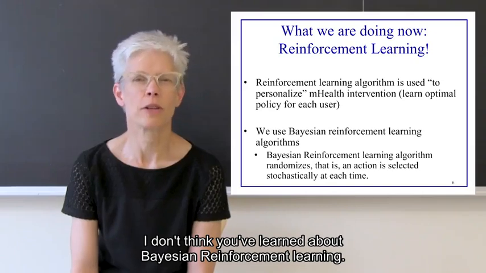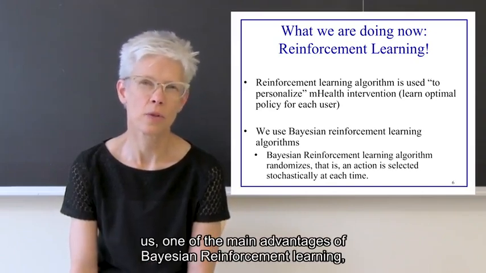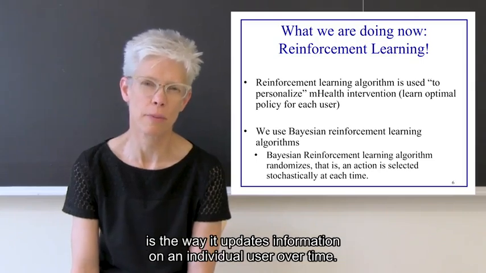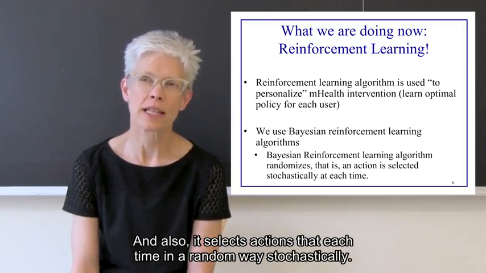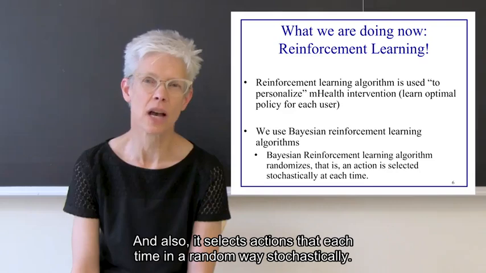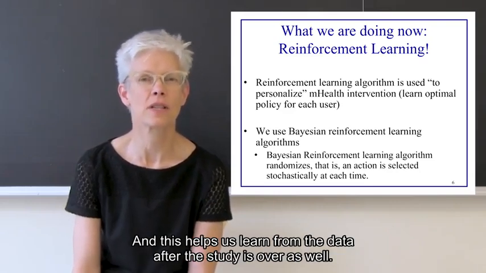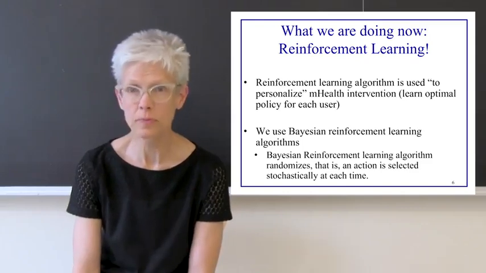I don't think you've learned about it, but one of the main advantages of Bayesian reinforcement learning is the way it updates information on an individual user over time. Also, it selects actions at each time in a random way, stochastically. And this helps us learn from the data after the study is over as well.